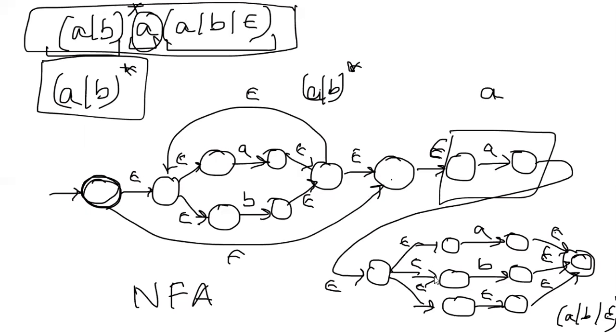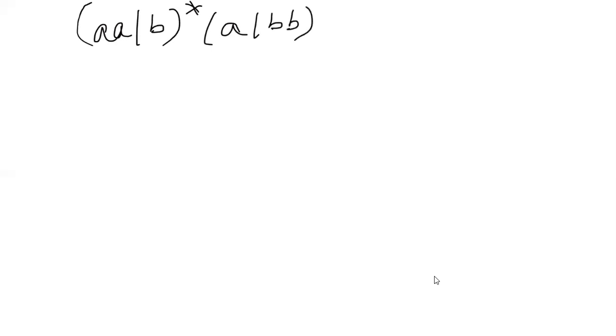Let us take another example. So I have (AA or B) star, followed by (A or BB).